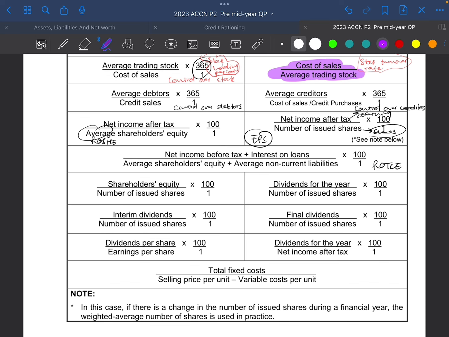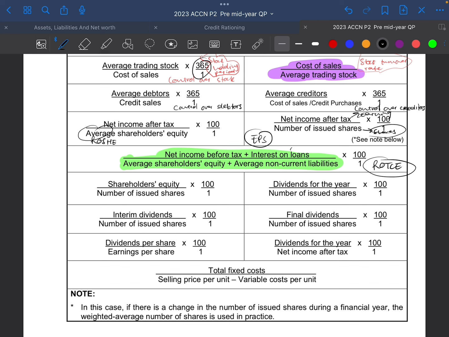Okay, I'm saying this slowly so that you can get the gist of what I'm saying and understand the formula as I explain. The ROTCE explains the funding or the financing that the business has had, and all of the costs that the business has incurred through the financing.